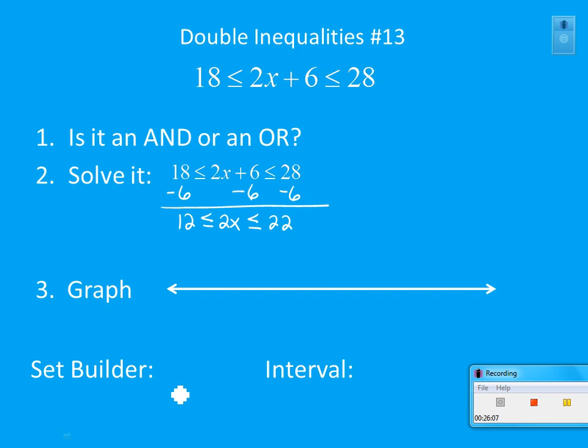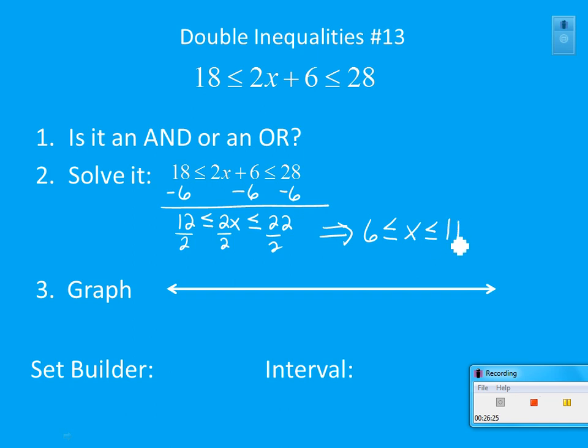So I'm just getting x by itself. I'm going to have to divide everything through by 2 now. If I do that, I'm going to get this. 12 divided by 2 is 6, less than or equal to x, less than or equal to 11.